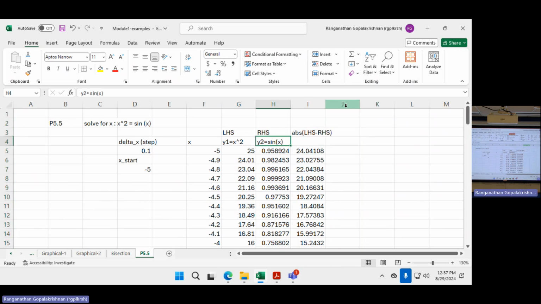Right hand side coincidentally remains the same, sin x, so I can just leave it like that. And I also computed the distance between the two as the absolute value of left side minus right side, and I keep it here. Together so far? Yes.